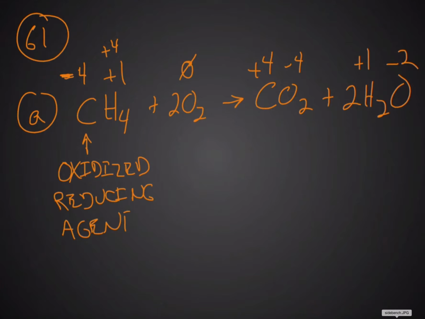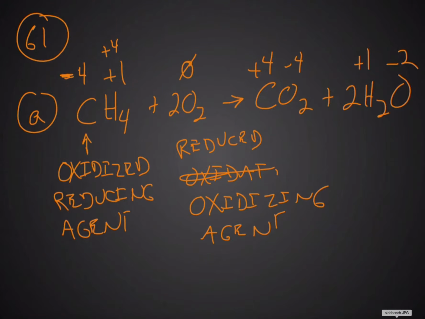And then the oxygen has gone from 0 on the left to a -2 state on the right. So it has been reduced also by a total of 8 electrons, which makes the oxygen the oxidizing agent.